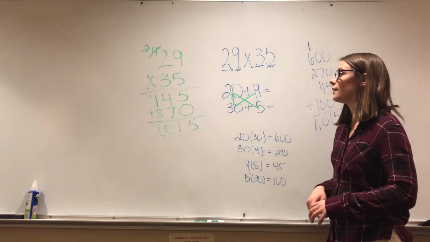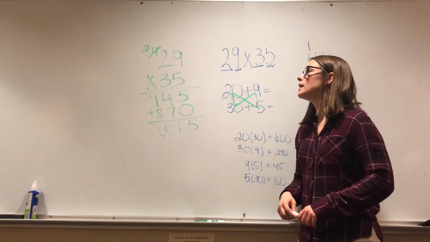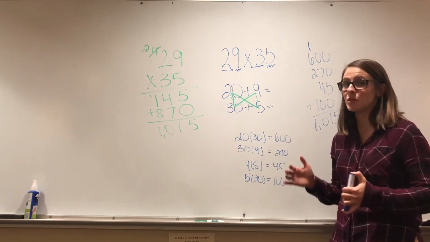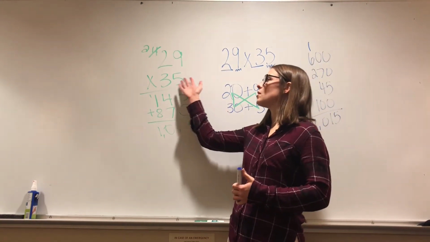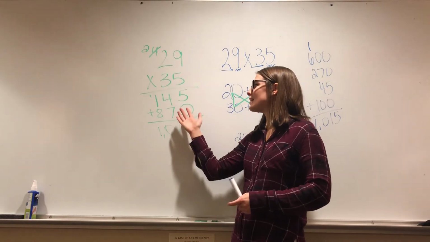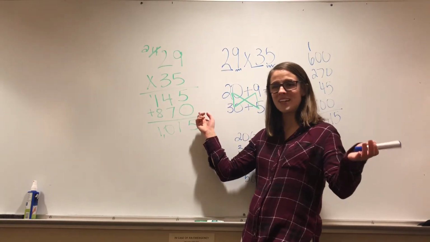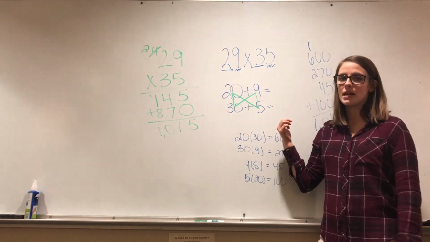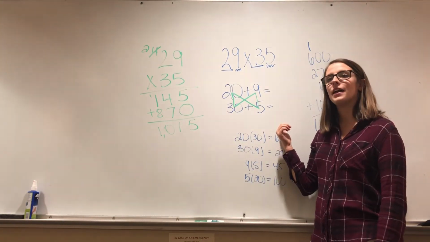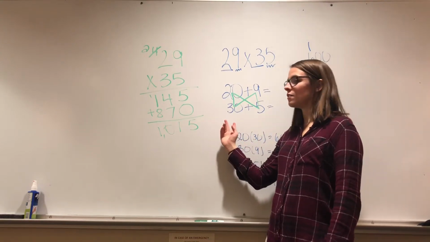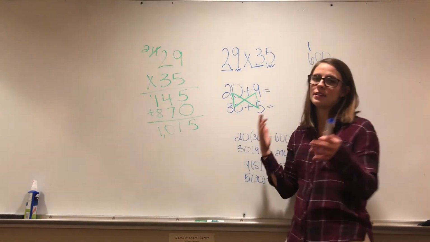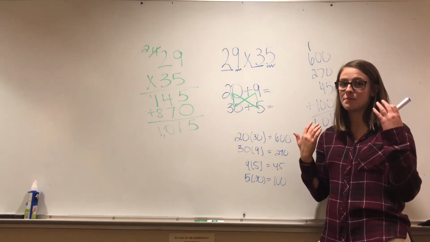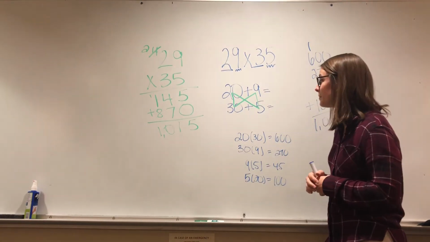I know that we've been having a little bit of trouble with our traditional method. It's a little confusing because we have to multiply and then add again. And what about the drop 0? So I think we're going to stick to the bow tie method for a little bit. And then once we have a little bit of taste of both methods, I'm going to let you guys choose which method works best for you and your thinking.